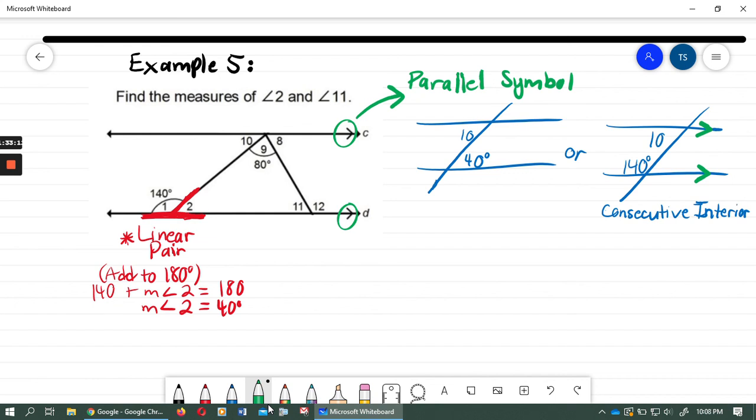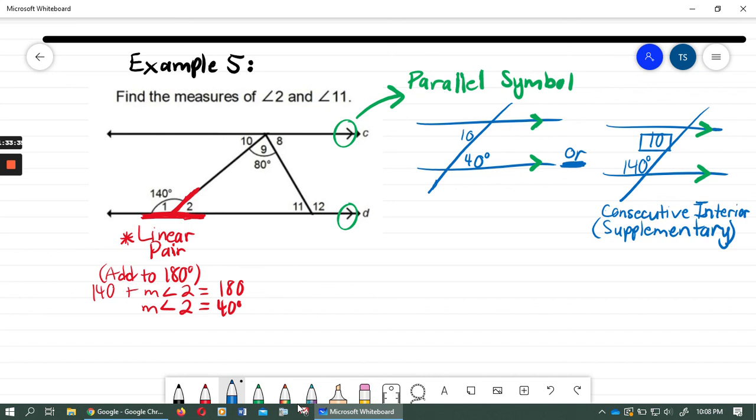Okay, so again, because the two lines were parallel, those consecutive interior angles had to be supplementary, or had to add to 180 degrees. So that's one way that we can find the measure of angle 10.